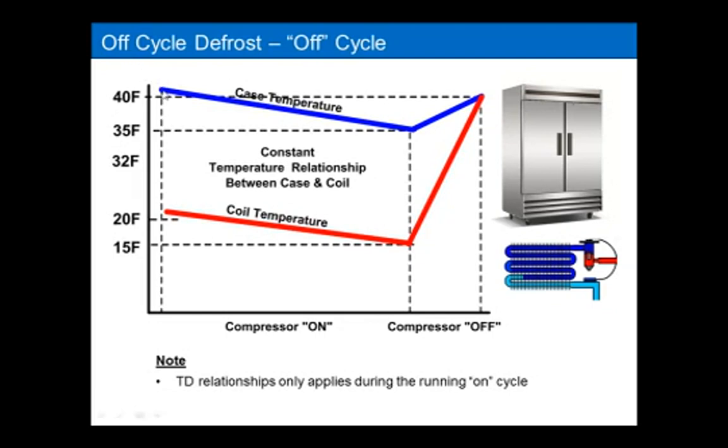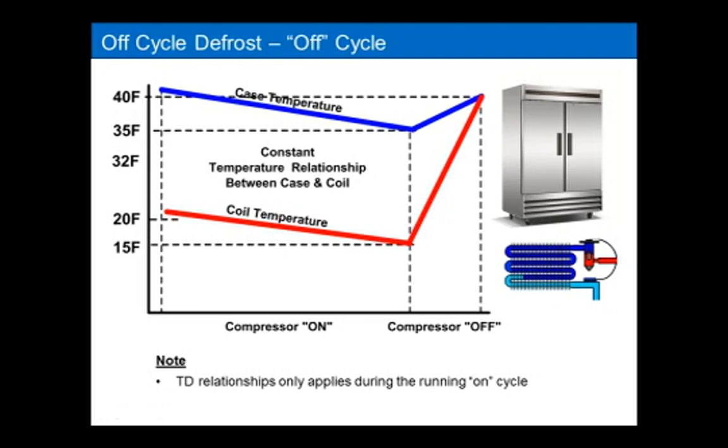So here's just an example of an operating system. If we start off with a case temperature where at 40 degrees we turn on the unit, and we're really trying to get on by about a 20 degree coil temperature. As the case drops in temperature, my coil temperature will drop. When I get down to about 15 degrees in coil temperature, that will equate to about a 35 degree case temperature.